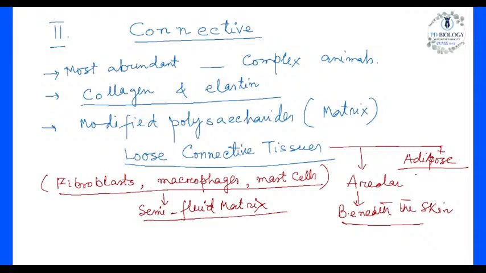The cells are adipocytes. They store fats. So excess nutrients which are converted into fats are stored in this tissue.